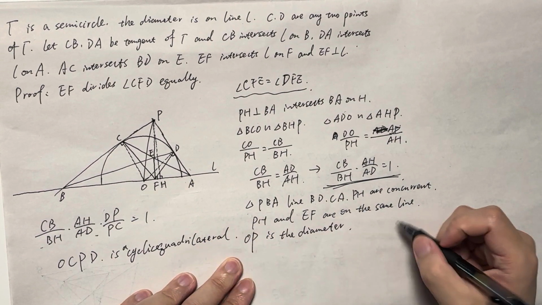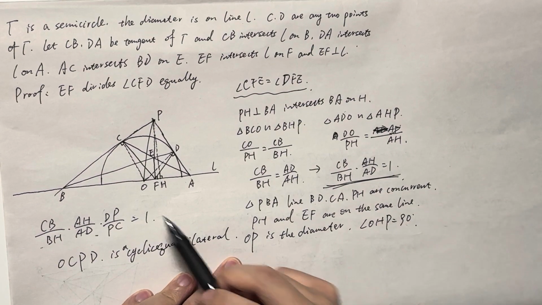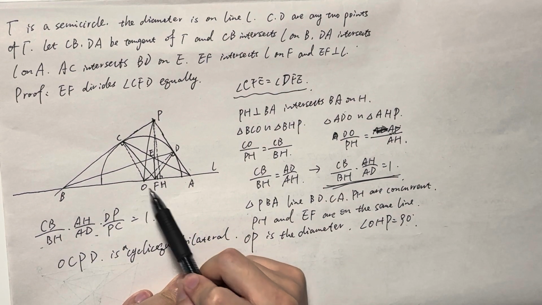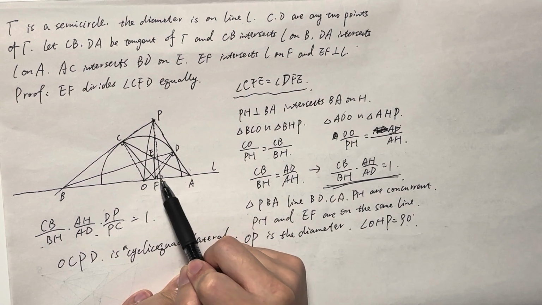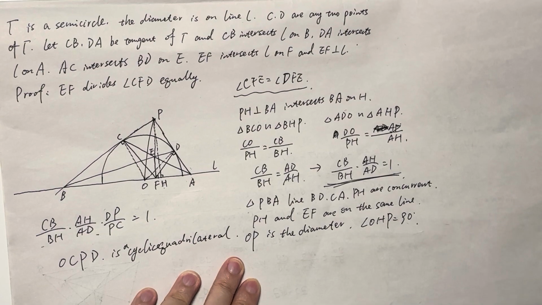We also know that angle OHP equals 90 degrees. Because angle OHP is 90 degrees, H is also on this circle.